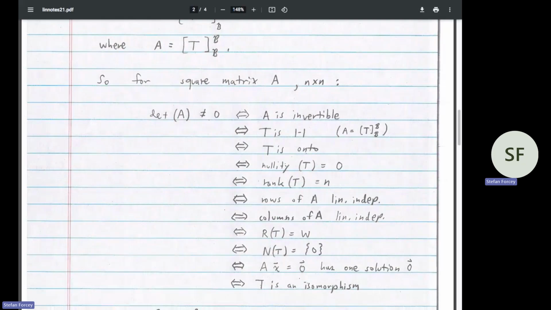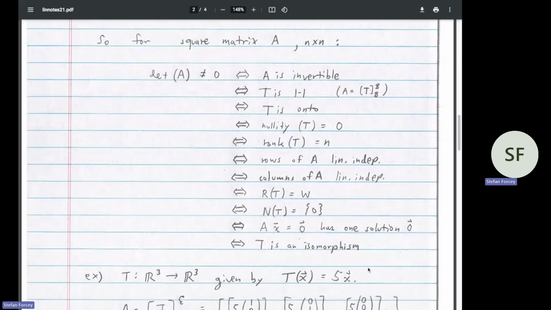Now we knew that from determinant of A not being 0 before, but now we can think of it in terms of 1 to 1 and onto. And the range of T is all of W, that's onto, and the null space of T is just 0, which is also the fact that the nullity of T is 0. And AX equals 0 has one solution, the 0 vector. Oh, that nullity of T should be the 0 vector too. I might fix that in the notes. And finally, T is an isomorphism because it's 1 to 1 and onto.